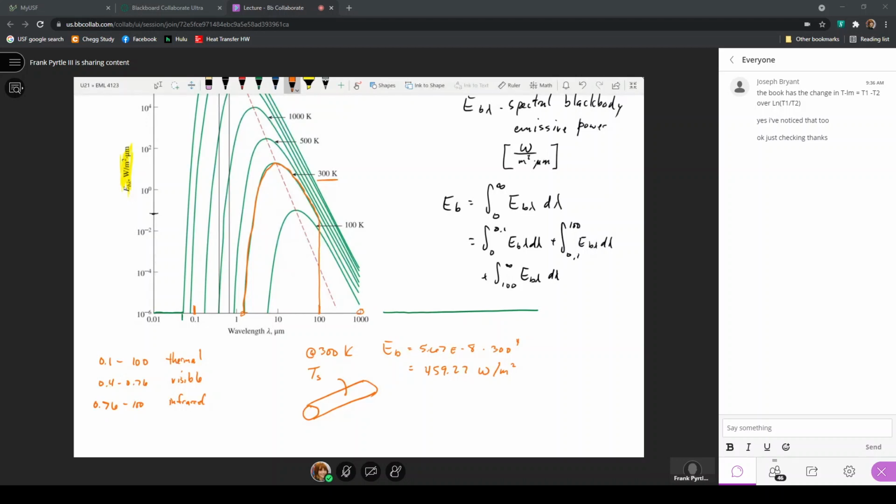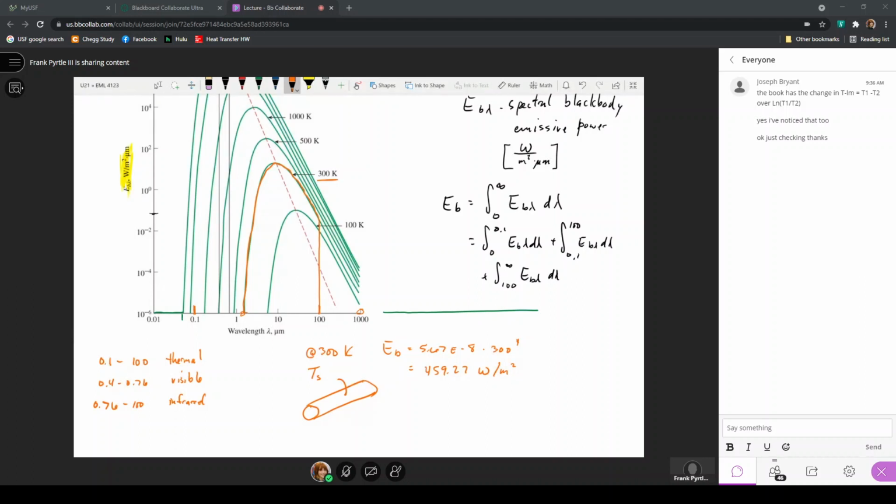It's not emitting any energy in the visible light range, so I would not be able to see it unless I turn on a light that provides visible light from a bulb that is then reflected off of this surface and back into my eye. Then I could see it. But with the lights off, because no visible light is emitted from this surface, I would not be able to see it.